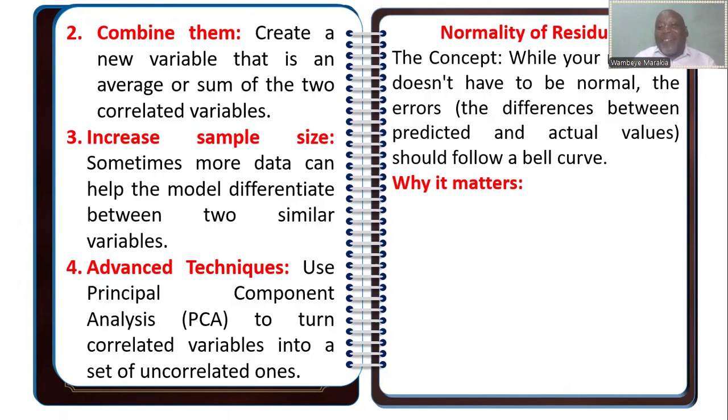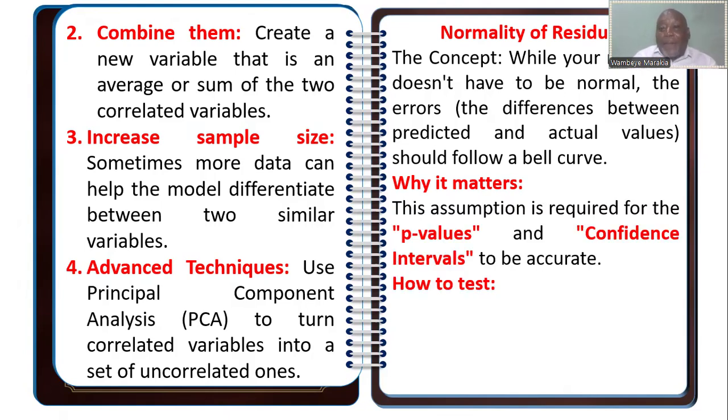Why does this normality of residuals matter? This assumption is required for the p-values and confidence intervals to be accurate. If the p-values and confidence intervals are inaccurate, then we are in trouble.